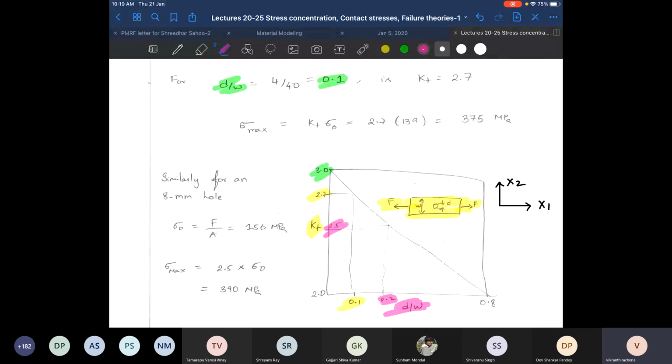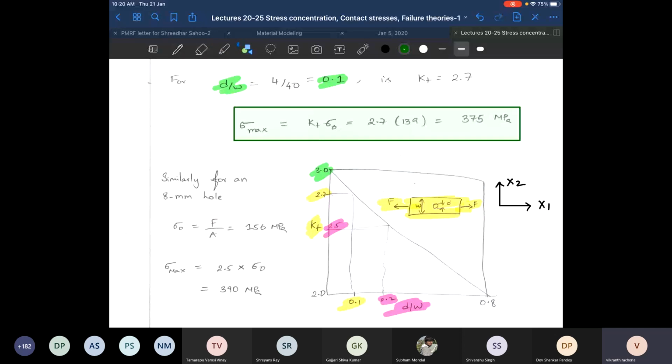So for the first case, when d is 4 mm and w is 40 mm, what will be the maximum stress? Maximum stress is Kt, which is 2.7, times the nominal stress, which is 139 megapascals.